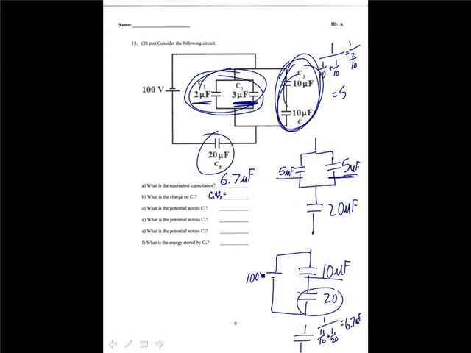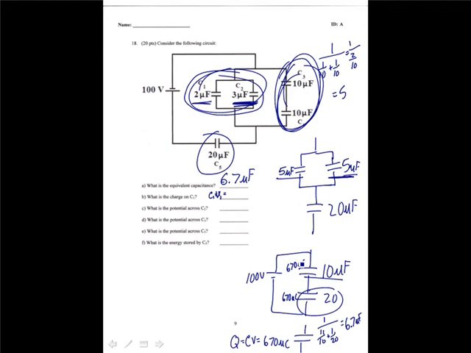I know that these capacitors have the same charge, so I can figure out what is the charge on this capacitor, which is just equal to CV, and so that's 6.7 times 100, that's 670 microcoulombs. So that means that I also have a charge of 670 microcoulombs here and 670 microcoulombs here.